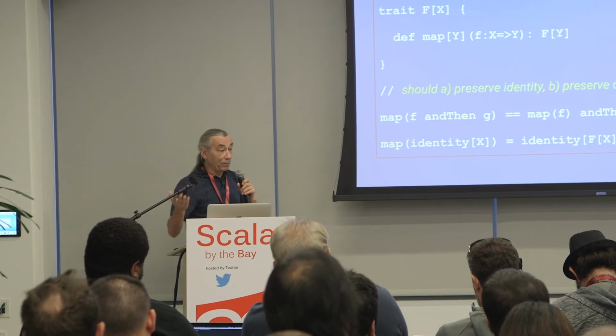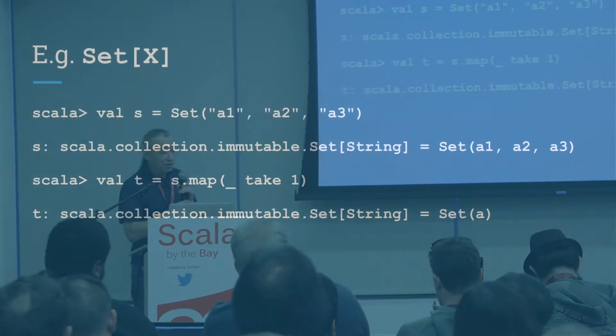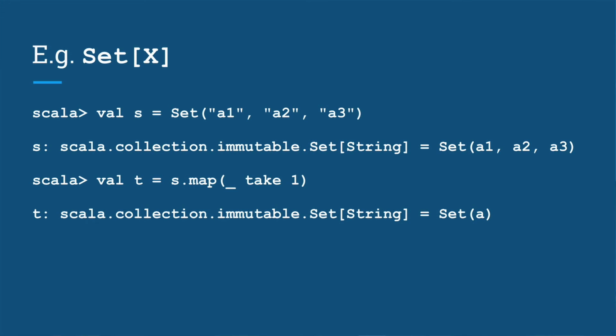So you know examples, List, right? Or Set. So if we have a value s, which is a set of 3 strings, s is by default immutable, right? And it's displayed by the REPL like this. And we map this s with a function that takes a string and takes the first element of the string.